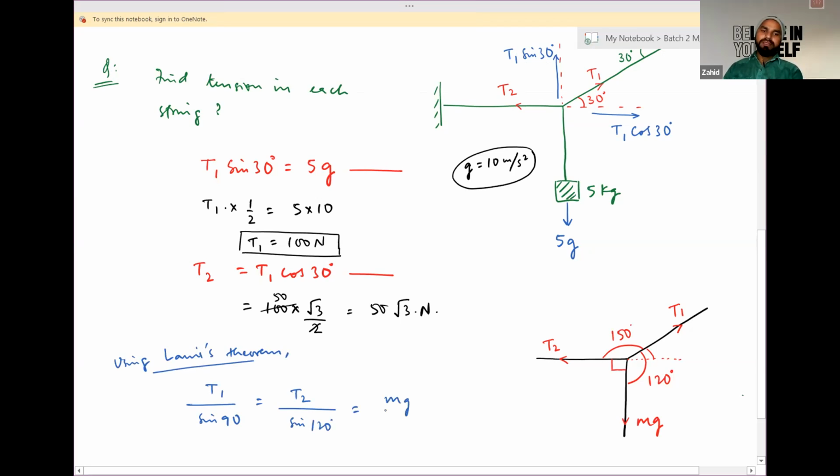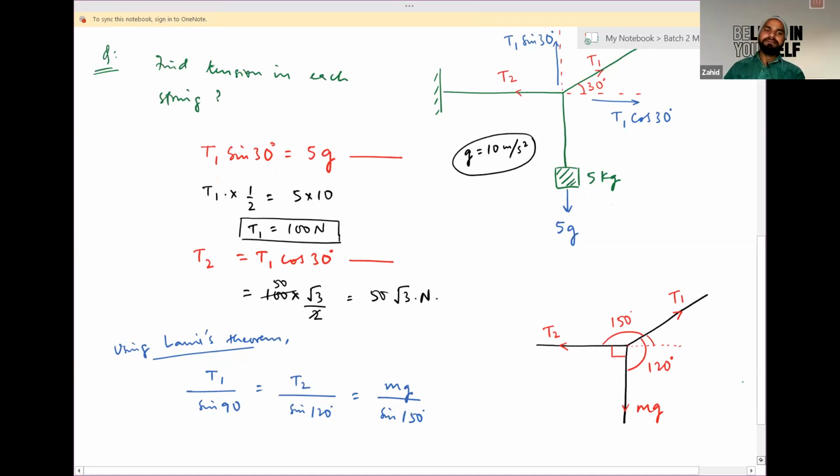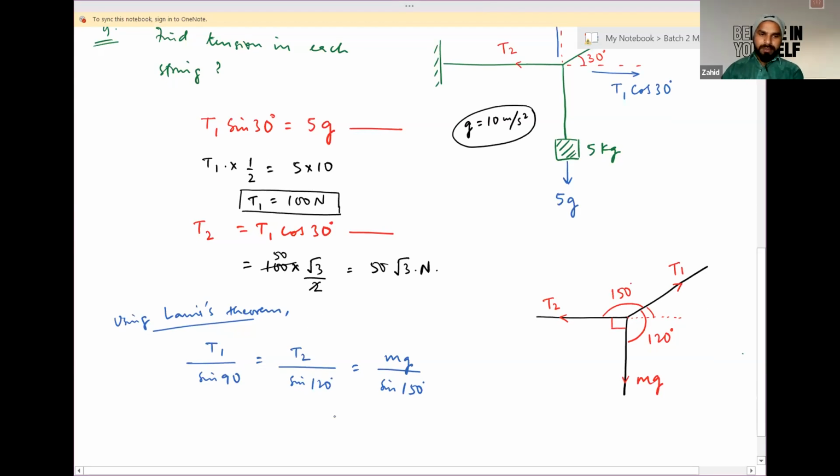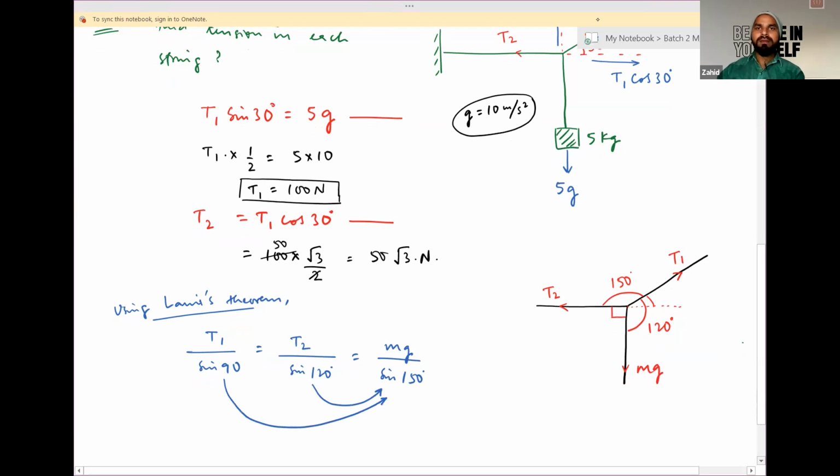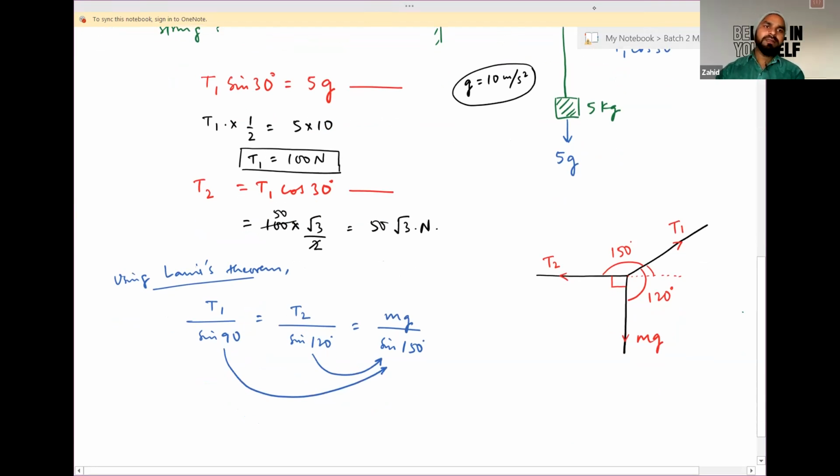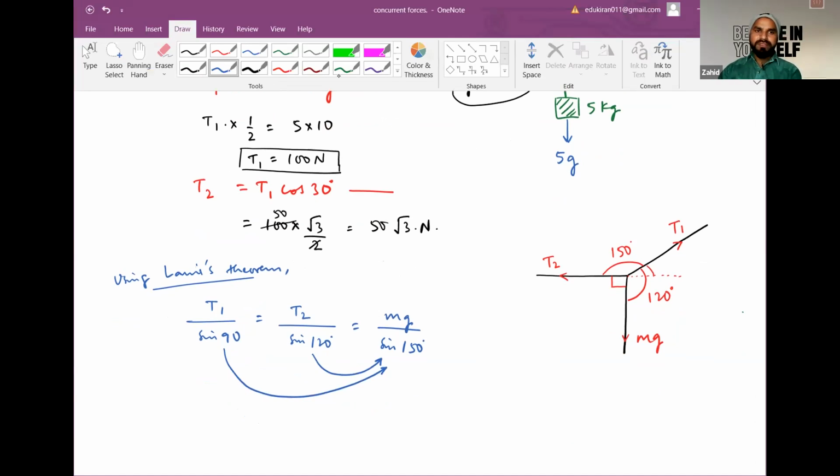And mg divided by sine of the opposite angle, this is 150 degree. Is it clear? Now just compare first and second, you'll get the value of T2. Then compare first and third, you'll get the value of T1. Now in this part, you have to find the value of sine 150 degree and sine 120 degree.